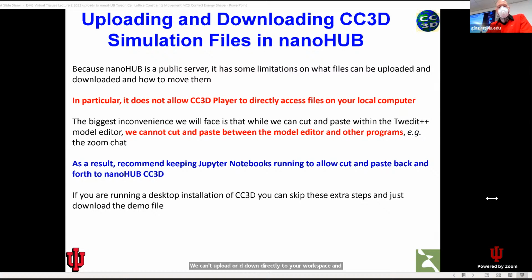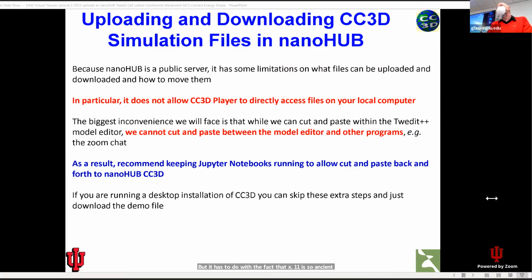The other thing is that you can't cut and paste between your desktop and the model editor. So if I type something in Zoom chat, I can't have you cut and paste it into the model editor. You can cut and paste within the models. That works just fine, but it has to do with the fact that X11 is so ancient that it was developed before clipboards were invented.